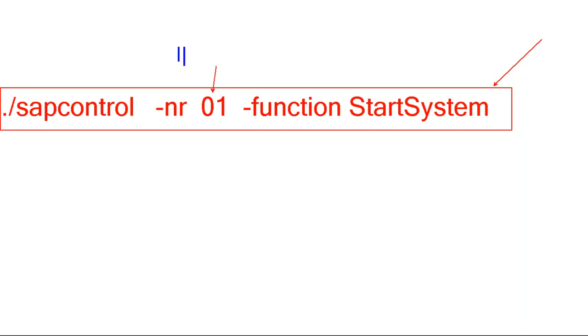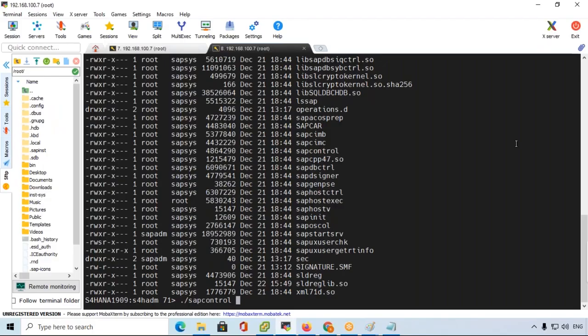At the time of installation, it asks for the instance number. The instance number, then hyphen function. Surya asks: do you have to enter the dot slash also, or only sapcontrol hyphen nr? No, the dot slash is also needed. See here.